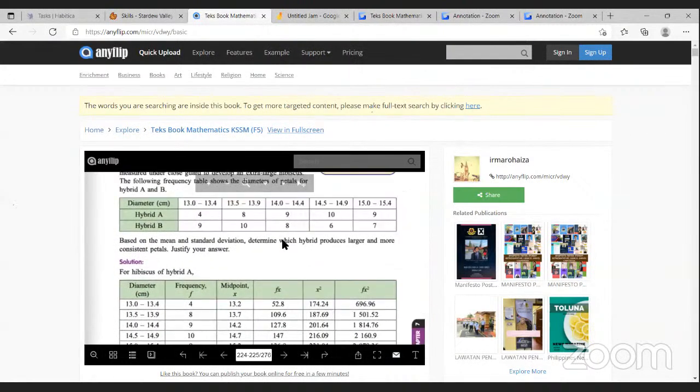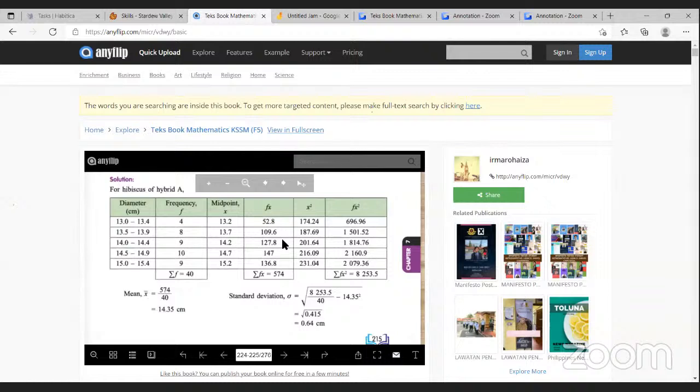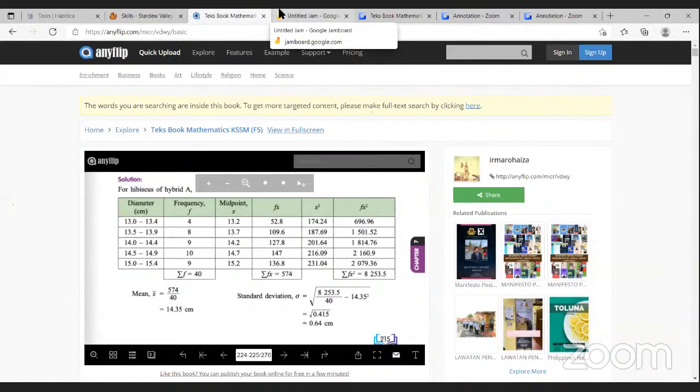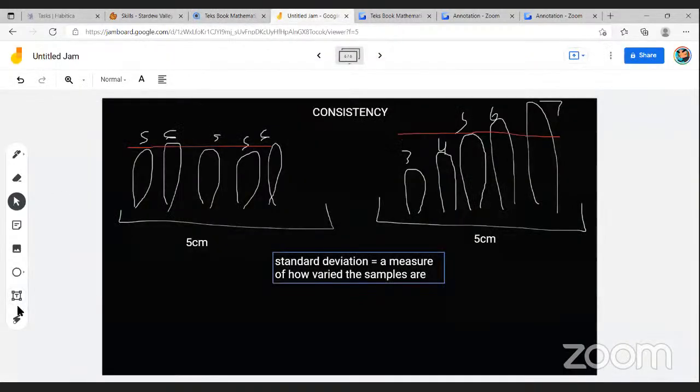What is the formula of a standard deviation? Oh, it's fx squared. Okay, so let's say we take the standard deviation of the first set.